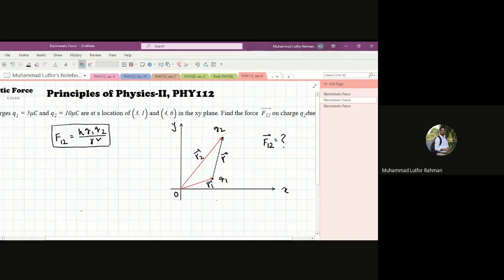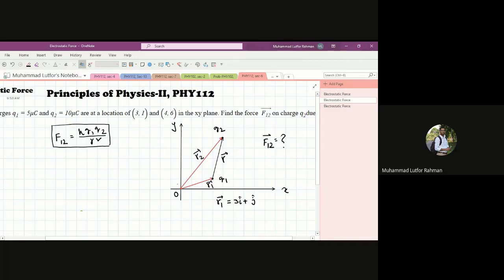I can find what the R1 position vector would be. Can anyone say what the R1 position vector is? 3i plus 1j. Exactly, 3i plus j. This is my R1 position vector, because this is the coordinate of Q1, (3, 1).